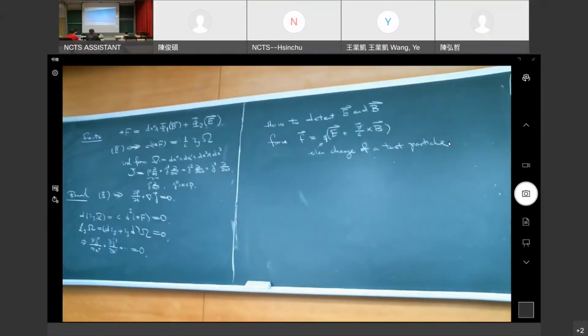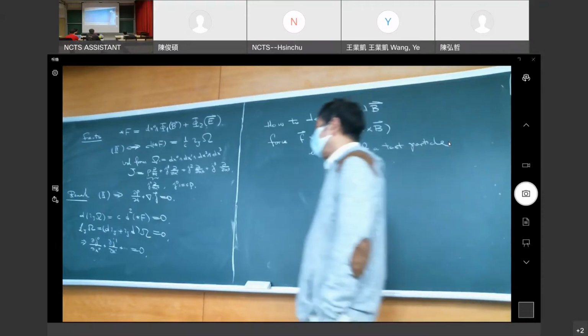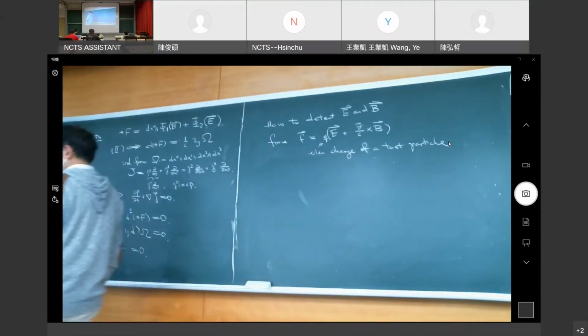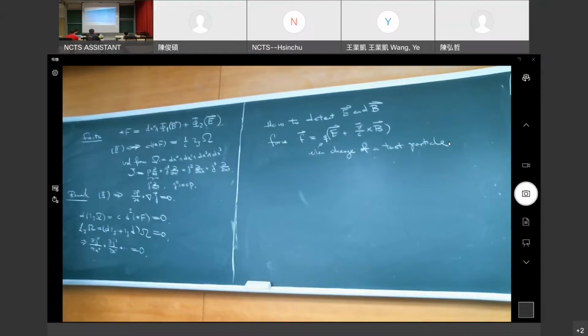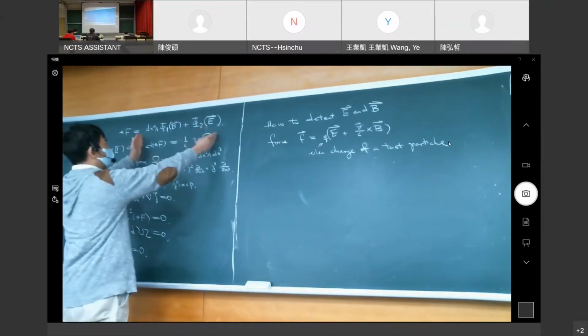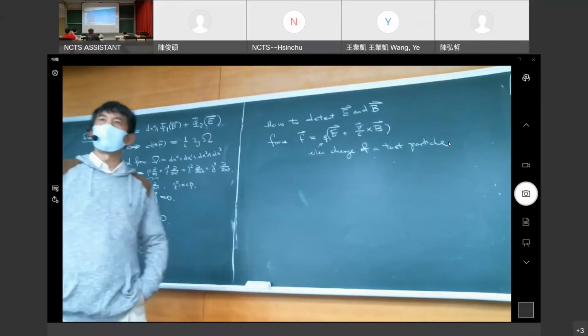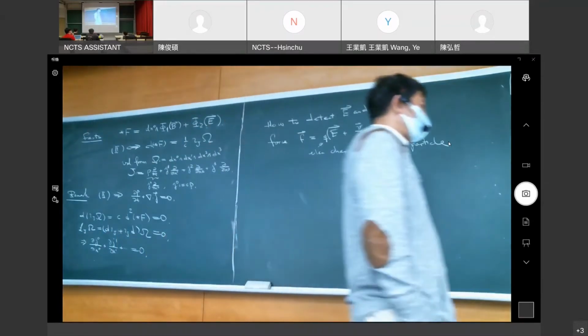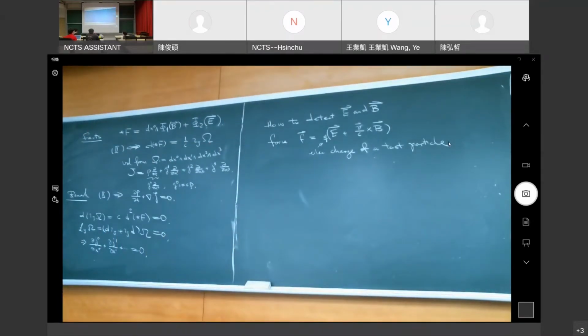So this is one question: how do we know that we already have them? Now, the second question is, it's mathematically very nice, of course. We summarized the Maxwell's equations into two very simple, very short formulas. One is this, and the other is dF is equal to 0. Now, there's still a question.